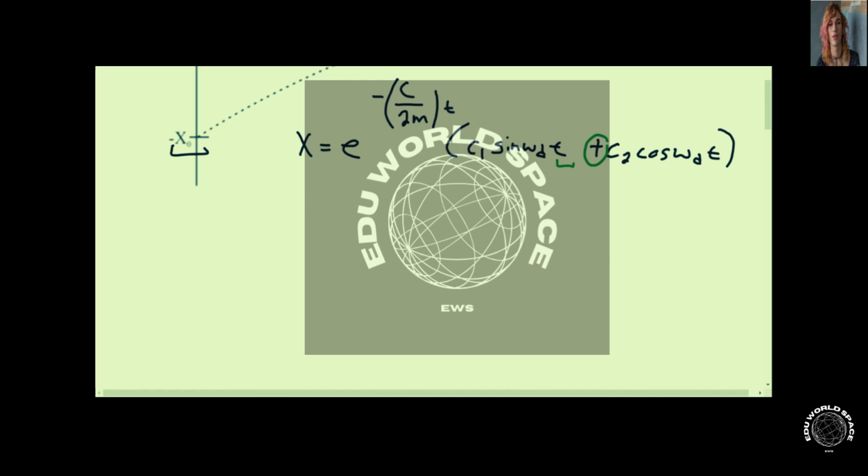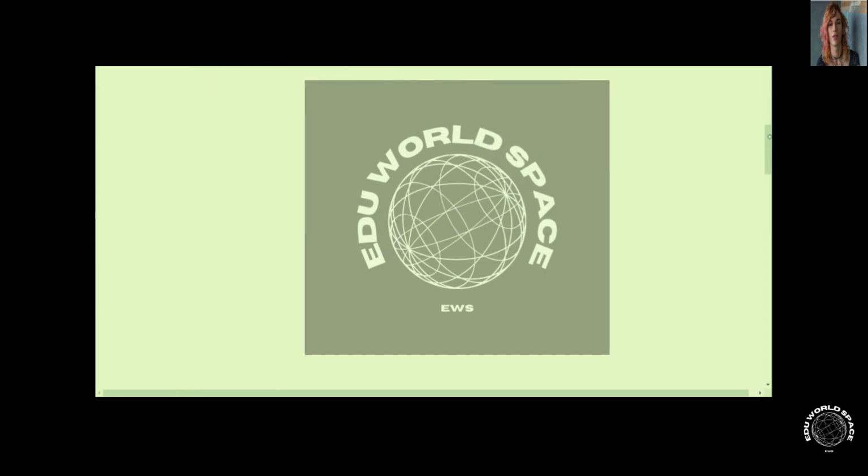So now we have the damping frequency, and it's the number of times it goes. And we have 1 minus the damping factor squared. These are the equations we're looking at.